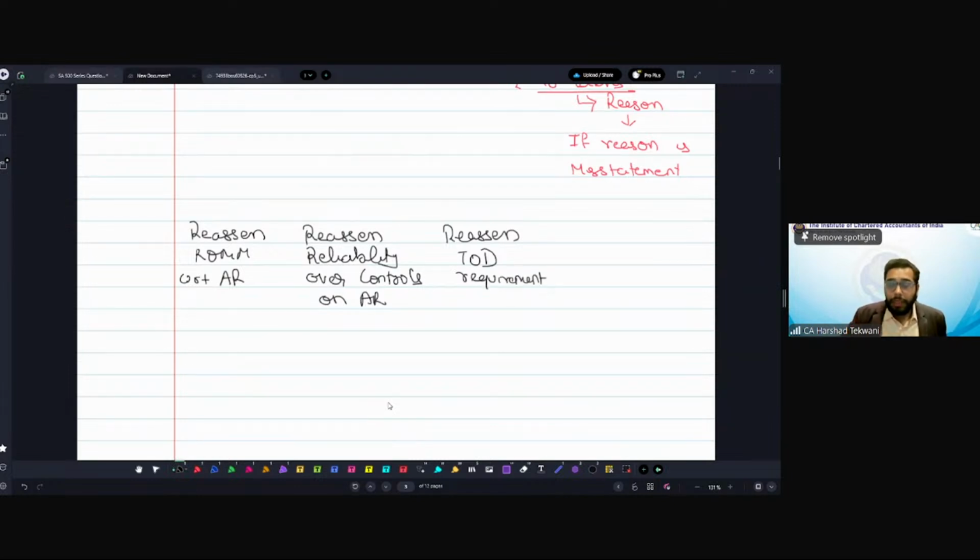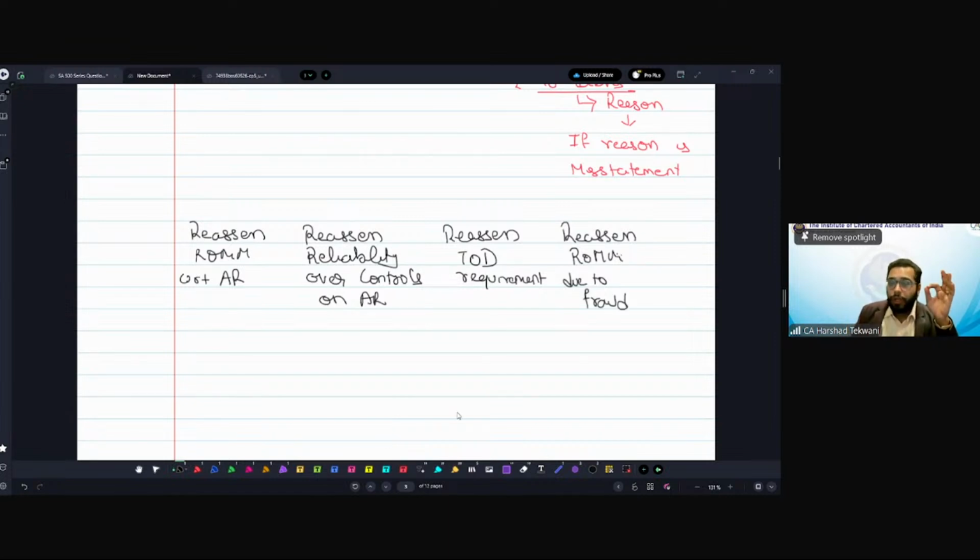Then there is one more aspect that we need to understand. Reassess your risk of material misstatement due to fraud. This requires specific attention.